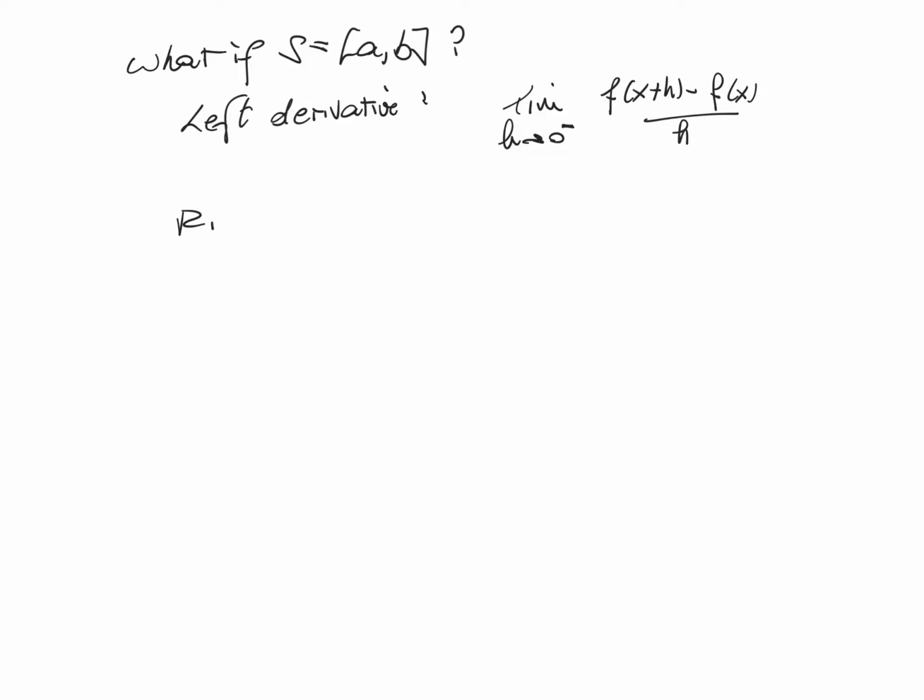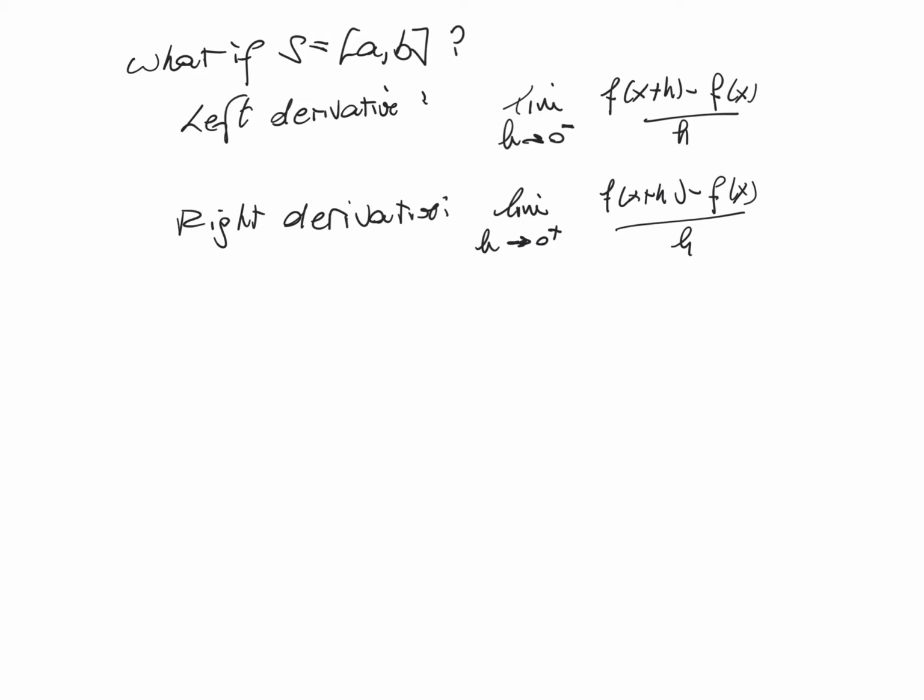And we use the right derivative in the other end. So the right derivative is the limit for h going to 0 but with positive values, f of x plus h minus f of x divided by h. Then we apply these formulas to find the derivatives in the closed interval.